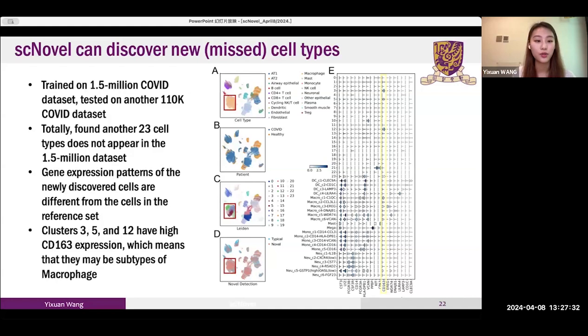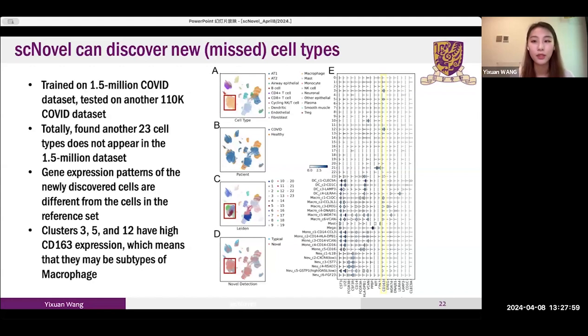And then we move on to find, in total, 23 cell types that do not appear in the million-scale COVID atlas. From figure E, we can see that the gene expression patterns of all the 23 newly detected cell types are different from the cells in the reference set.